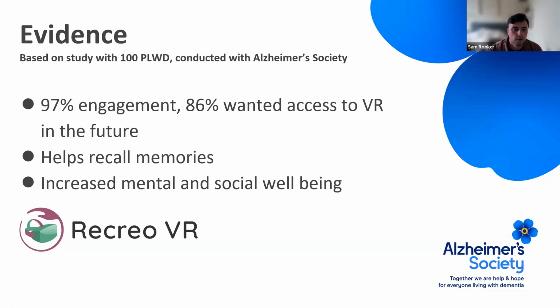So we ran a study with over 100 people living with dementia in a mix of different settings. Around 50% of them were people living in care homes, and 50% were those who attended Alzheimer's Society dementia cafes. And I'll talk you through some of the stats, but also the qualitative data that we got from this study, which were really encouraging.